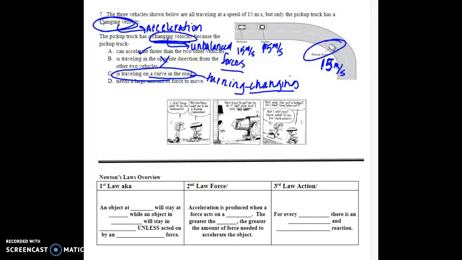It's changing your direction. So that would definitely be the reason that you would be having a changing velocity, because velocity includes both speed and direction. And, of course, it needs a large amount of force to move. While that might be true, that is not going to be the reason it has a changing velocity. The only reason is because it's traveling on a curve, which means that it is accelerating and changing direction, which is part of velocity.